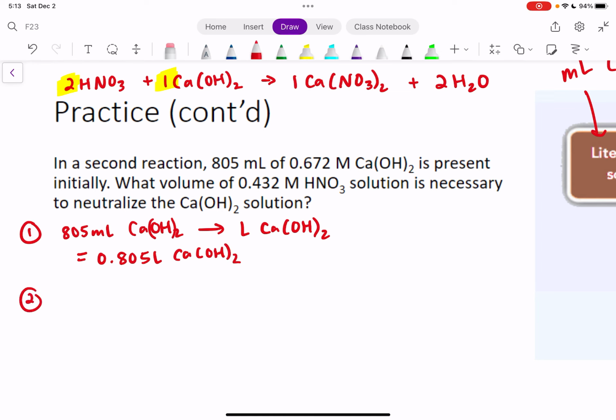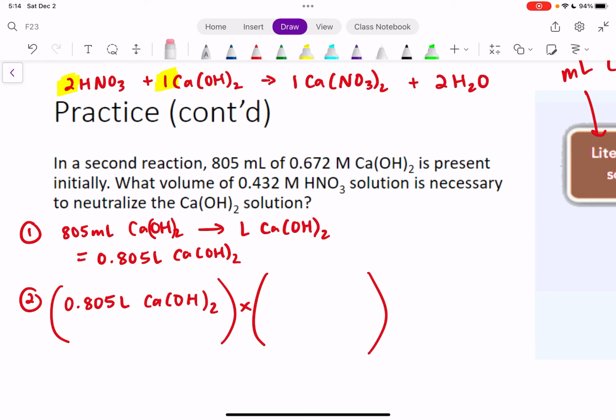Now in our second step, we can start our big long conversion factor. We have 0.805 liters of our base, calcium hydroxide, and we want to know how much of my acid I need to add to my base to neutralize them. So we're in liters and we want to get to moles, so that we can use our molar ratio. In order to get from liters to moles, the only thing that connects liters and moles is molarity.